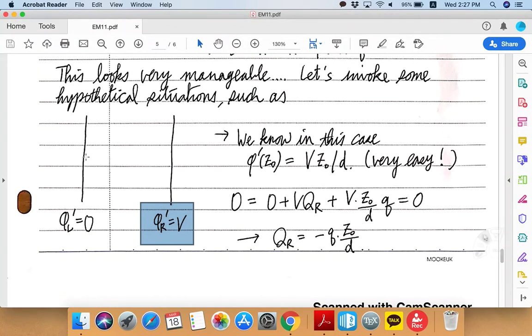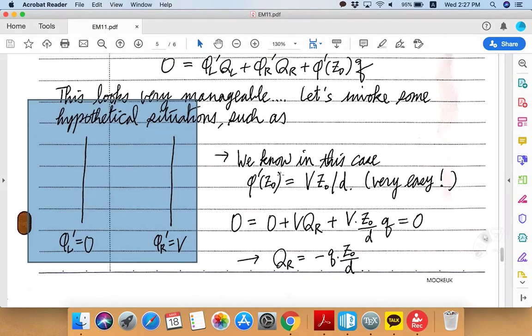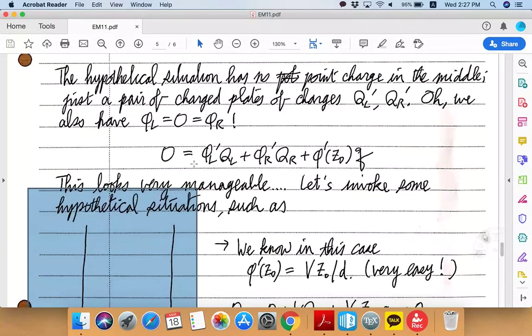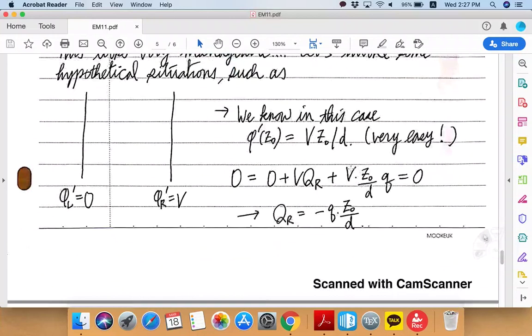Potential simply increases linearly from 0 to V as a function of distance, which means that the hypothetical potential phi prime is simply given like this. So the hypothetical potential phi prime is pretty easy to solve in our hypothetical situation. So we take advantage of that and insert various results for phi L prime, phi R prime, and phi prime Z0.